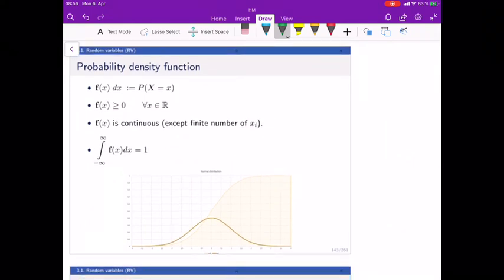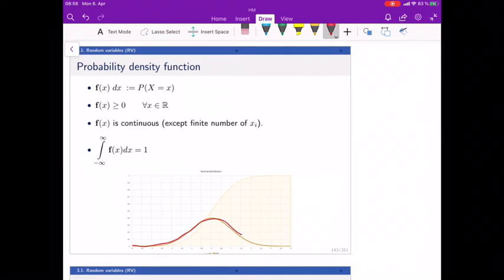Let's look at this. Probability density looks, for example, like that. That is the probability density function. That's a normal distribution, or Gaussian, as you might have heard it before. That's one of the most common ones, and we're going to talk about it quite a lot. So you see the density, and it's positive.